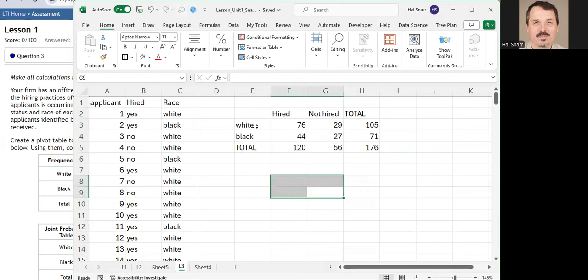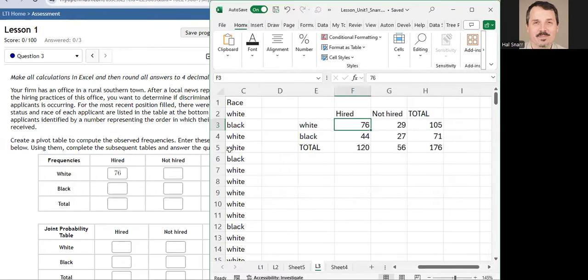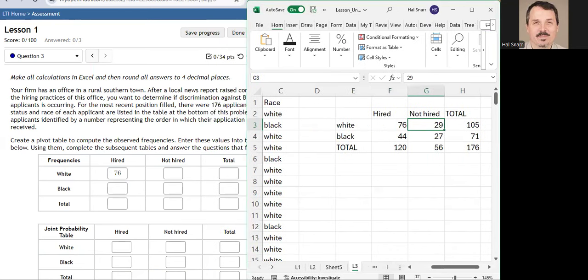Okay, so the frequency or the number of white and hired applicants was 76. The frequency or the number of white and not hired was 29.